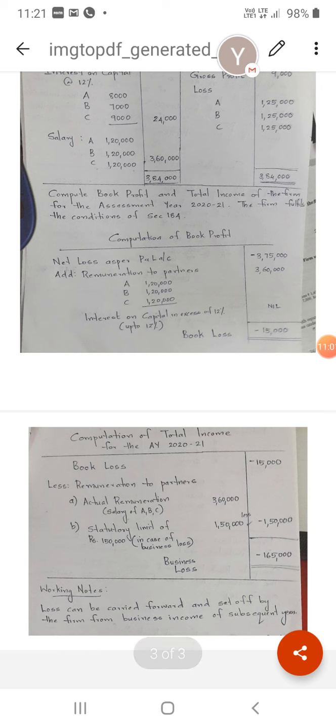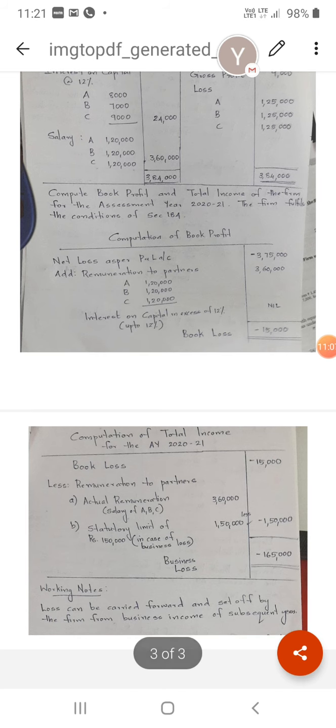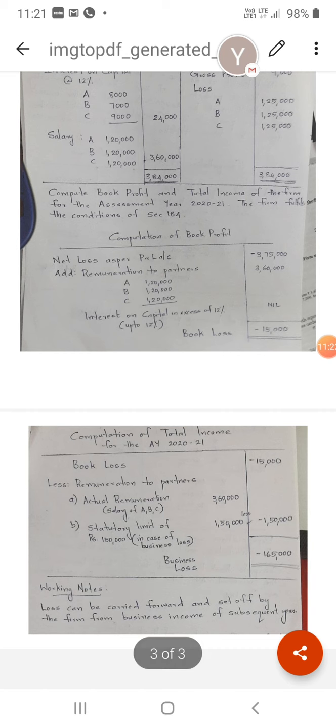Actual remuneration, and second one, remuneration under section 40(b). The actual remuneration consists of three aspects: salary, bonus and commission. But in this question there is only one aspect, which is salary. So remuneration covers only salary.